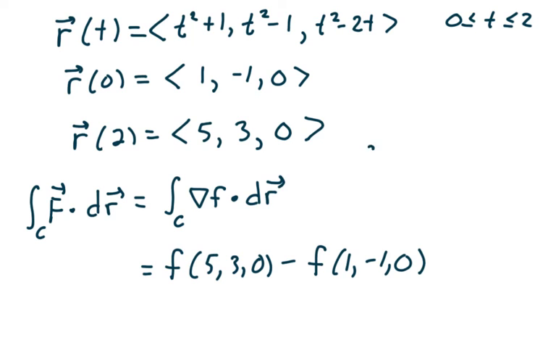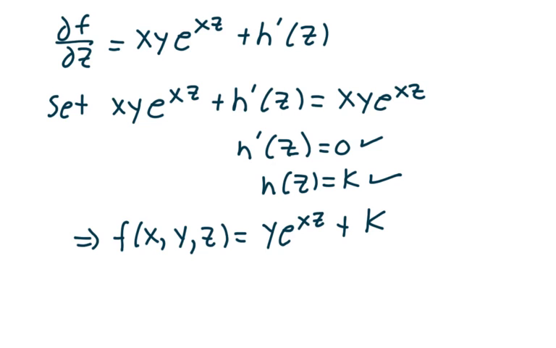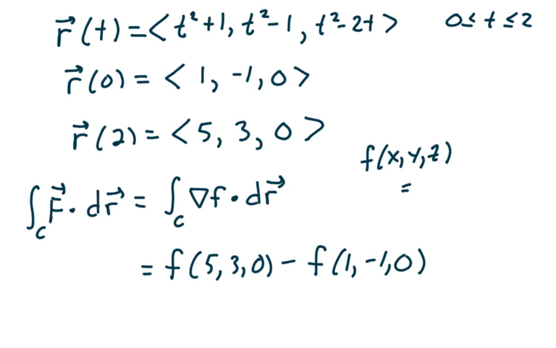Now, let's remind ourselves, f of x, y, z equals y e to the xz plus k. So we're in business. Now remember, we have x is 5, y is 3, z is 0 for the f of 5, 3, 0. And then for the second term, we have x is 1, y is negative 1, and z is 0.